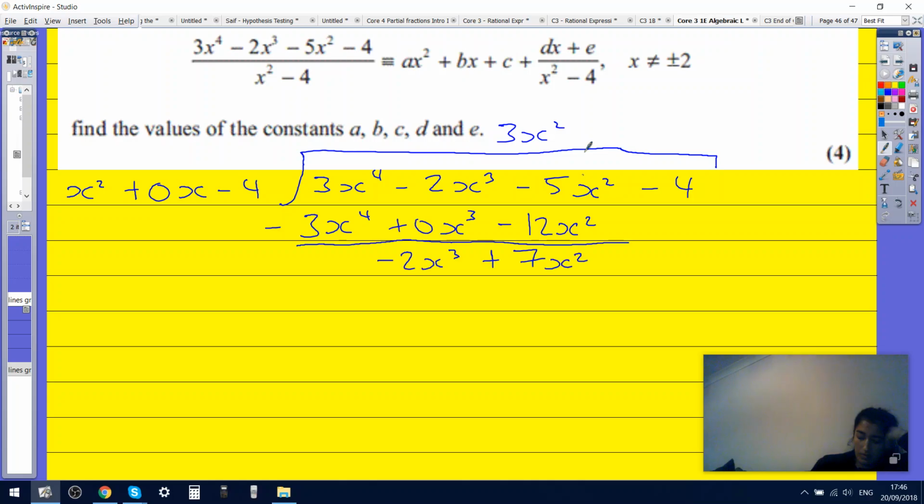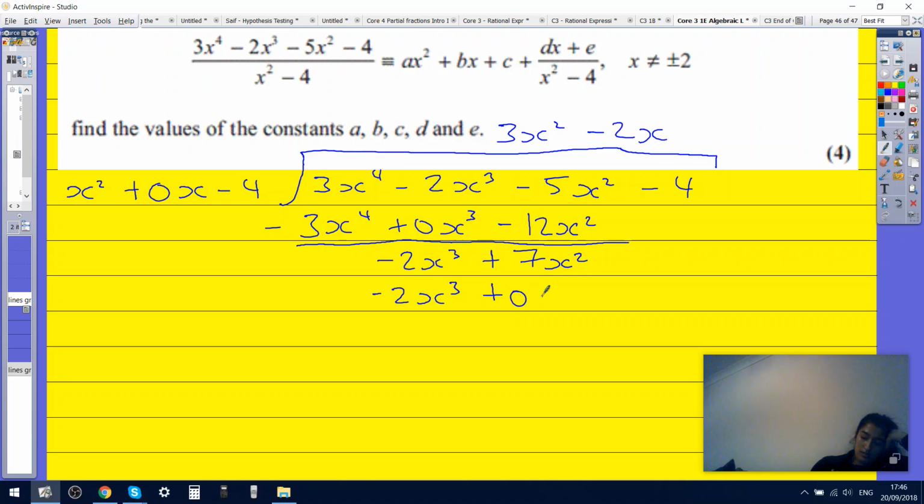And minus 2x times x squared minus 0x minus 4 gives you minus 2x cubed plus 0x squared, plus 8x. Oh, sorry, I was reading the wrong thing. Minus 4 times minus 2x is 8x.